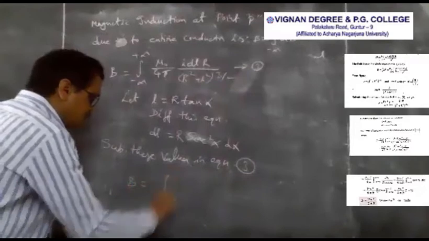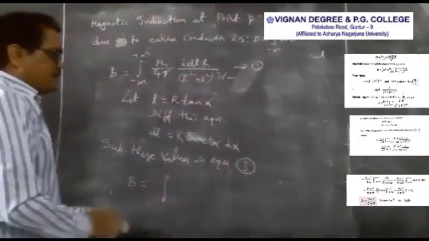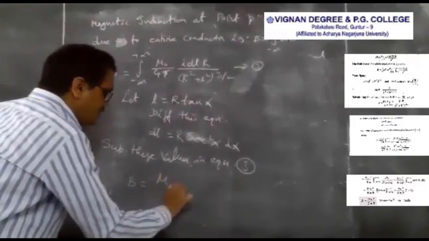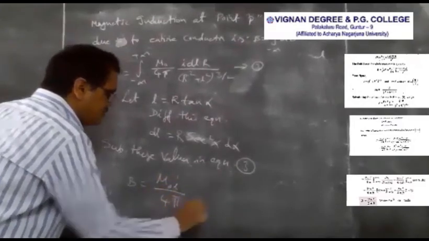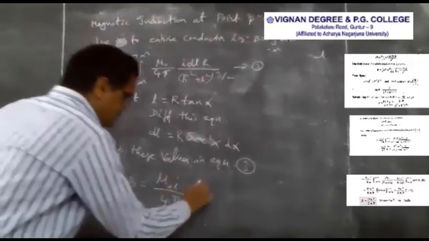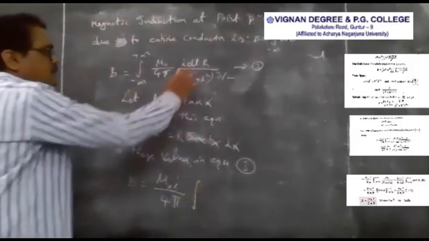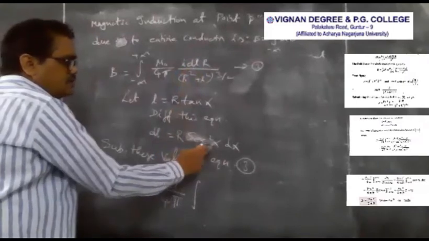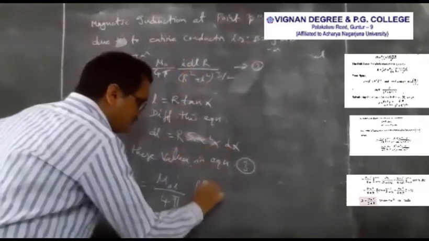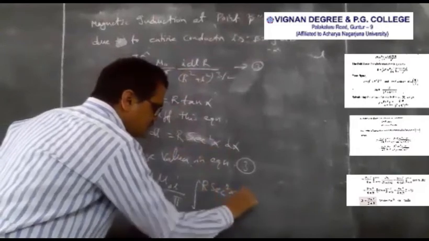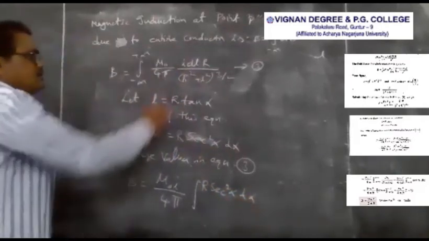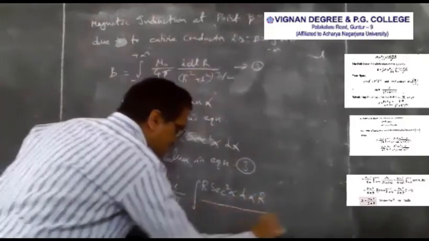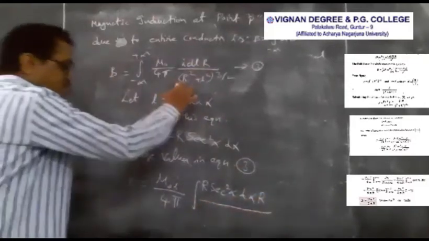B is equal to integral. mu naught I by 4 pi is a constant. In place of dl, we can write R secant square alpha d alpha, remaining R, divided by R square.